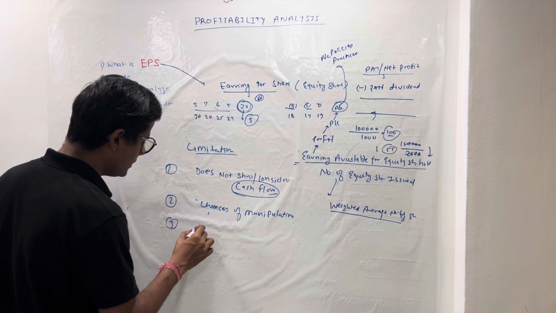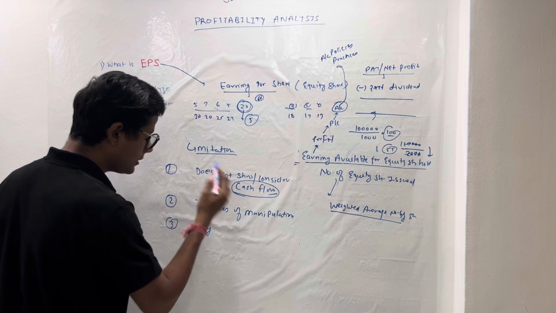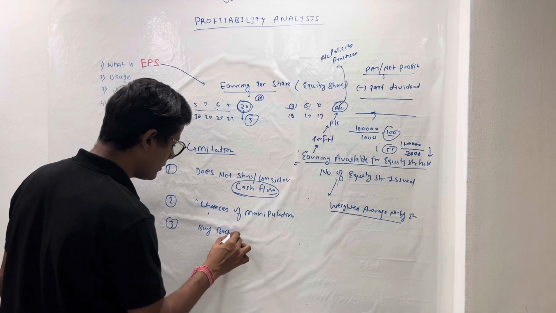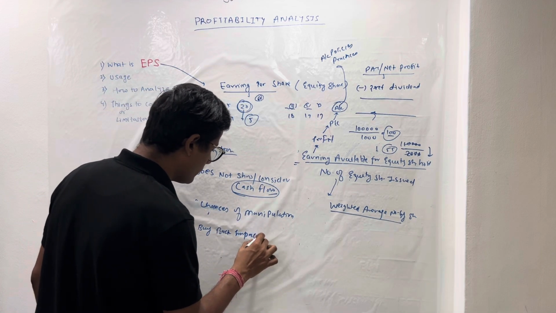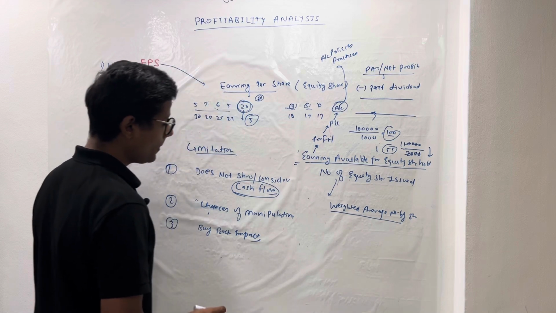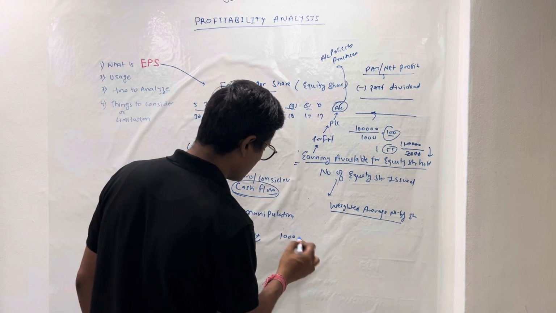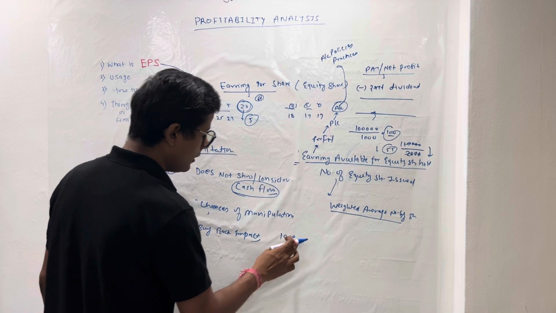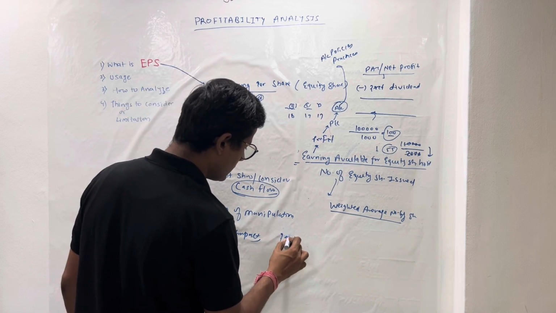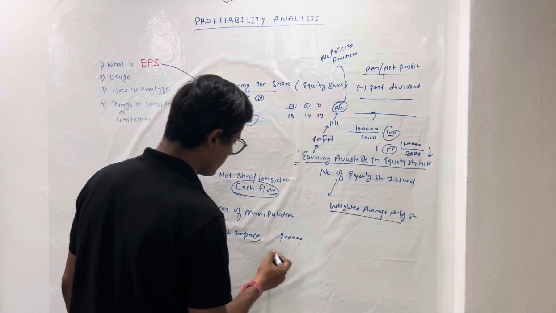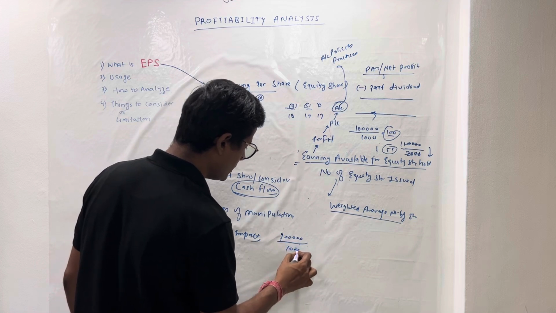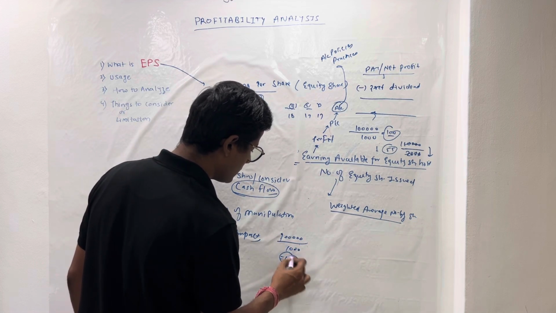The third limitation is the buyback impact. Let's say the company has 1,000 shares and earnings of 100,000, so the EPS was 100.